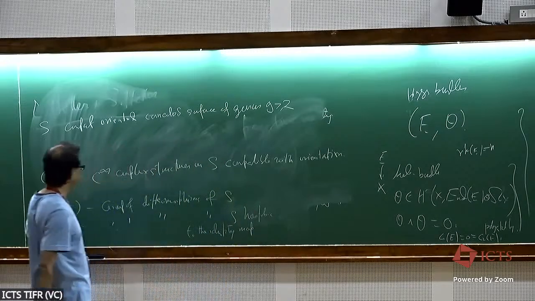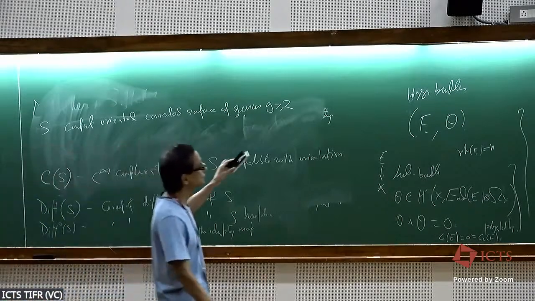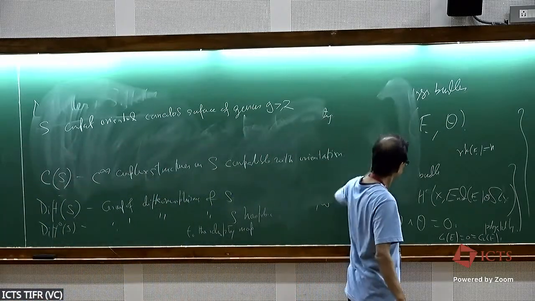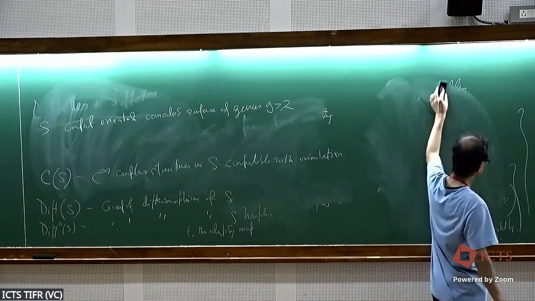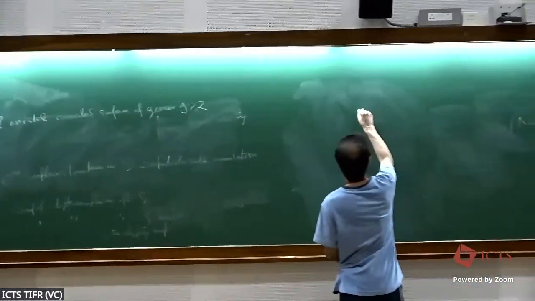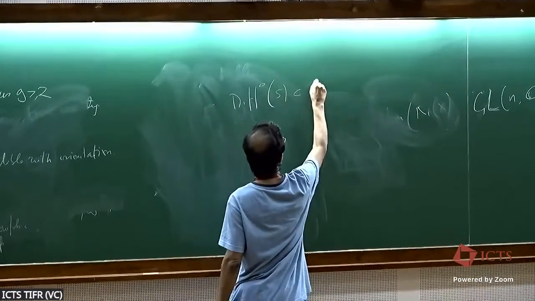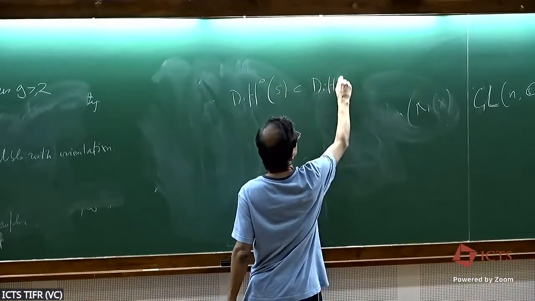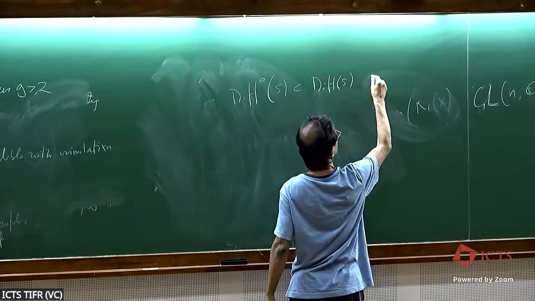So Diff naught is a connected component, the connected component with the identity element, the largest connected group, and it is a normal subgroup.